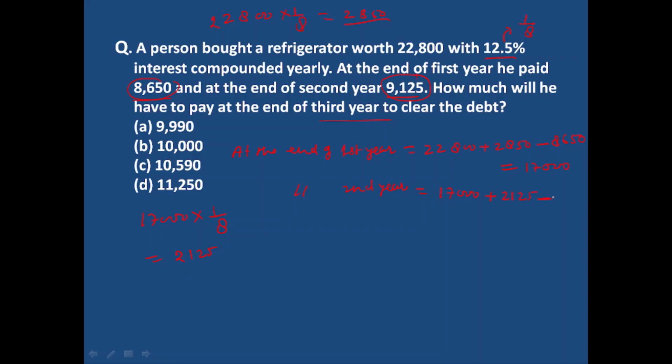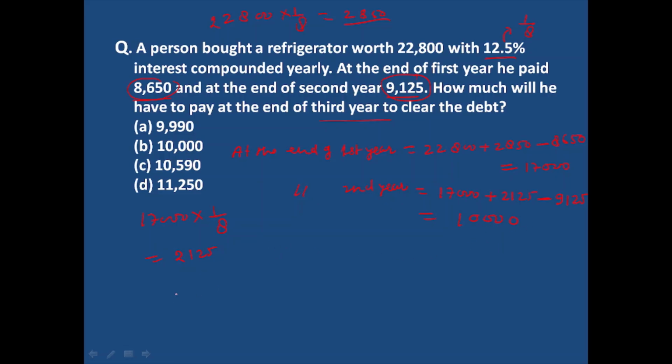So this will be deducted from this amount, 9,125 rupees. So the total rest amount will be 10,000. So the rest amount is 10,000.